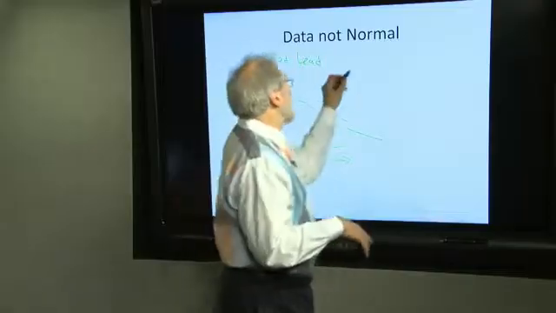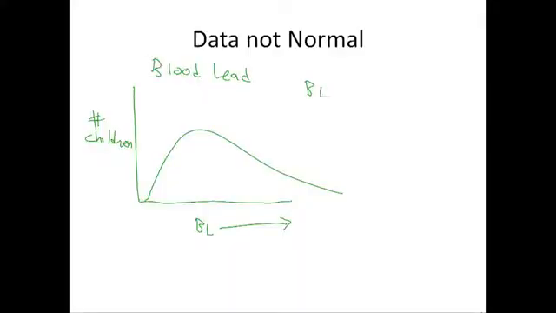And so instead of regressing blood lead against age and various other predictors, why don't I regress the log of blood lead against age and various other predictors?